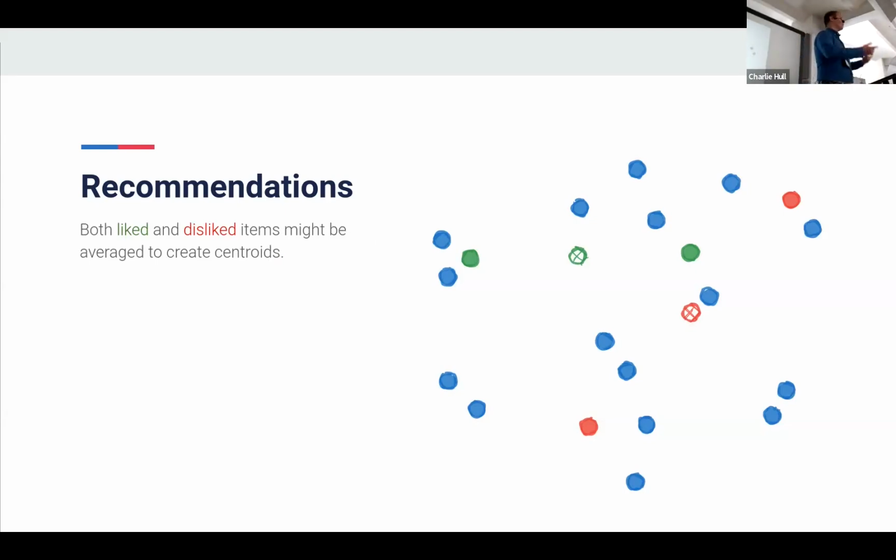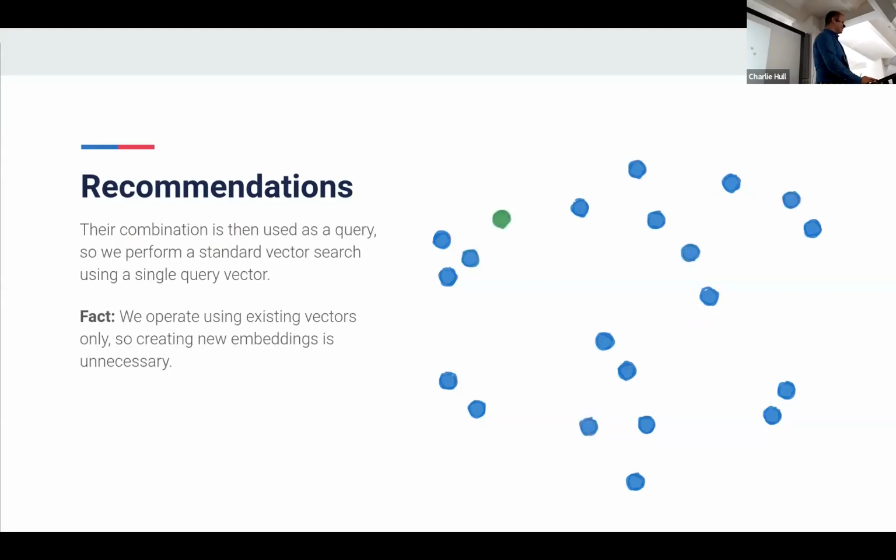Those centroids might then be used to create a single query. We need to combine them somehow. So if we have a positive centroid and a negative centroid, we can move the positive one in the opposite direction of the negative one. This is how the final search query can look like. So this is basically one approach for how we can handle that.